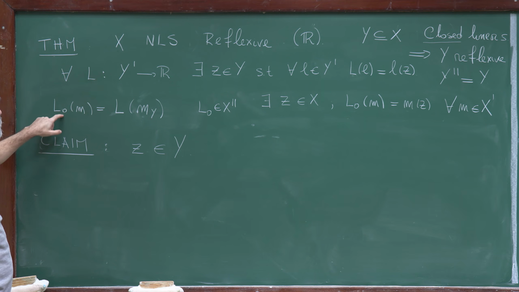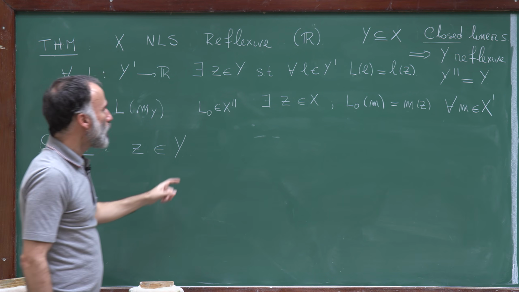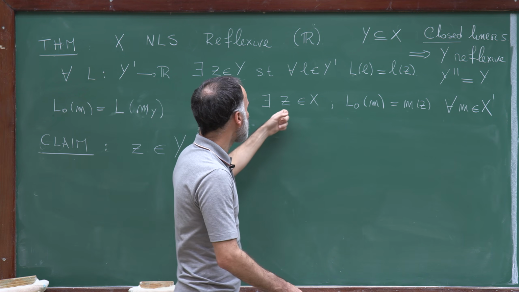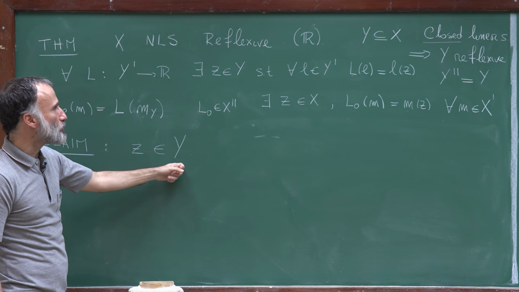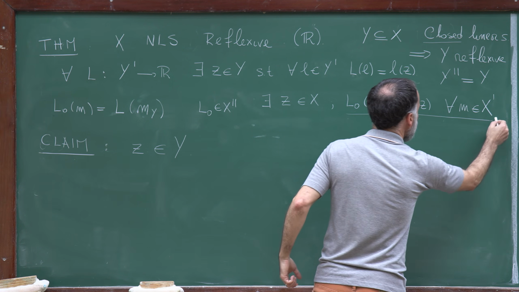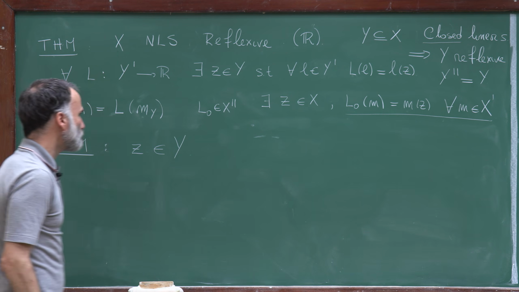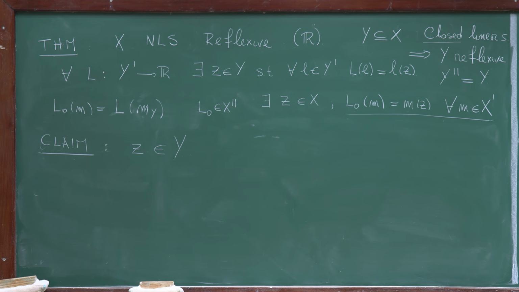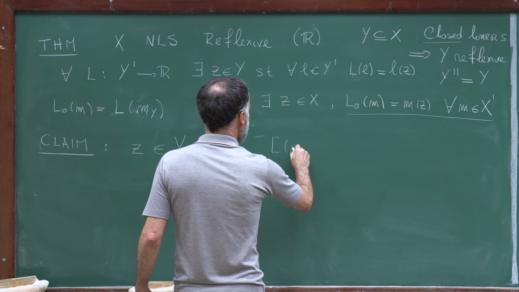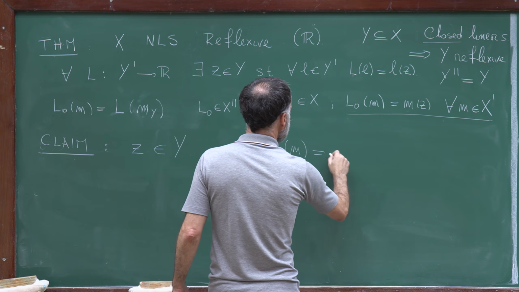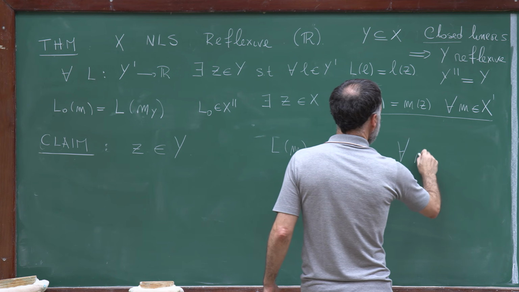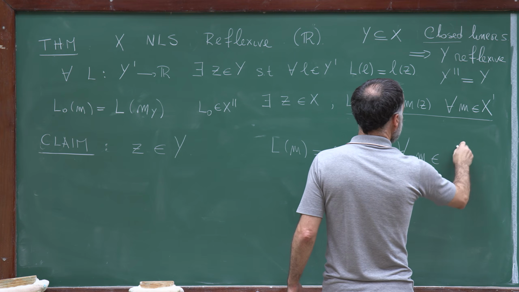With that L, we defined this L0, and we proved that L0 is a bounded linear functional, but more than that, we proved that there exists a z, which is actually in Y, for which this identity holds for all M in X prime. Now we are ready to conclude. What I claim is that L of M is equal to M of z for all M in Y prime.